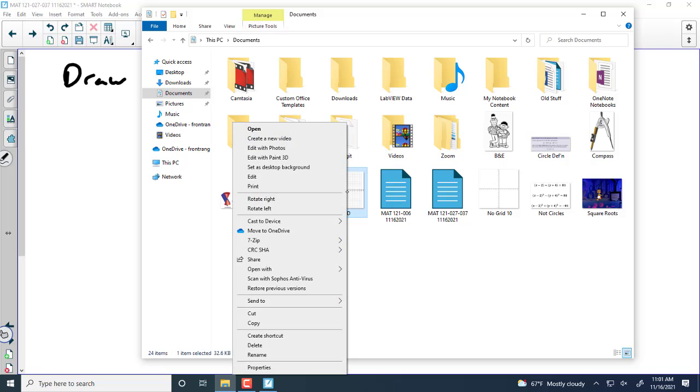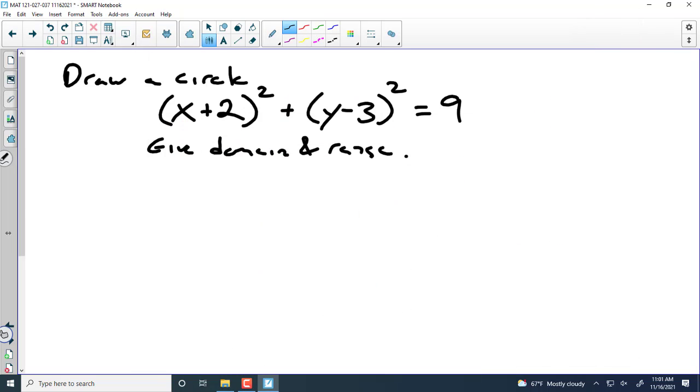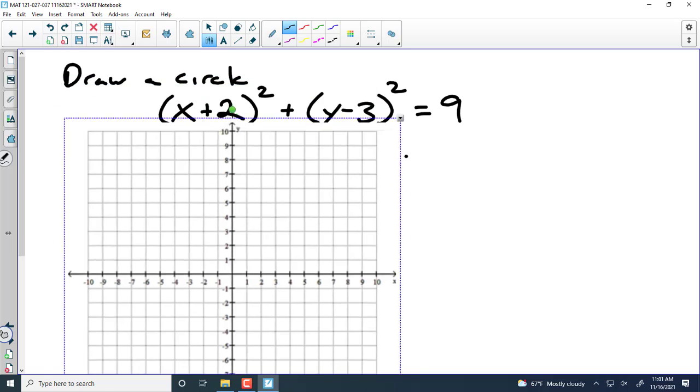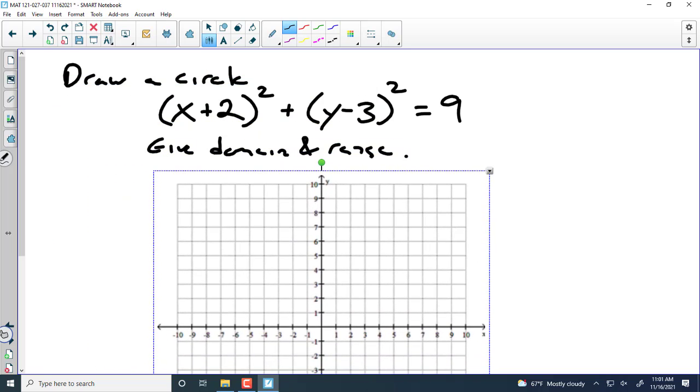We're going to draw this circle, which you'll be able to see again in just a moment. After you draw the circle, give the domain and range of the circle. Do your best. I know you might not have graph paper with you today or a grid. Just do your best.